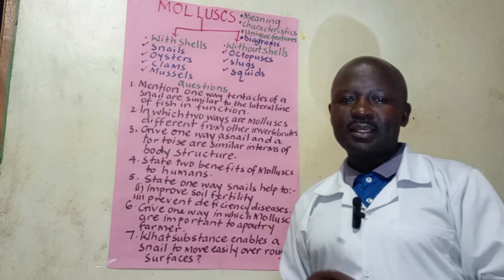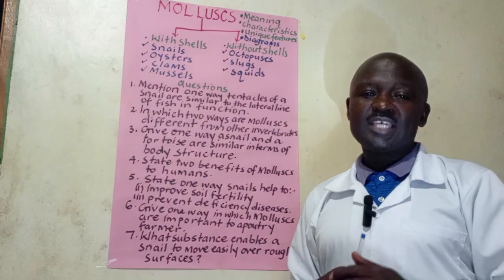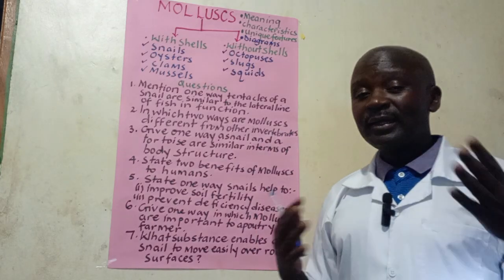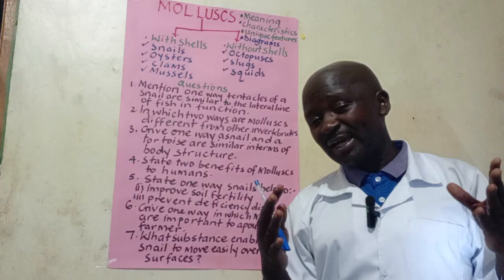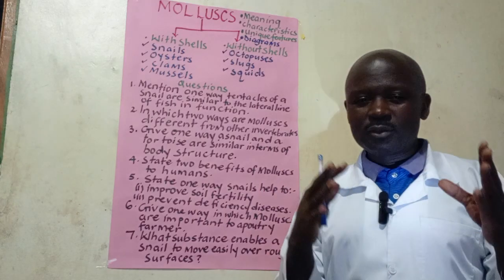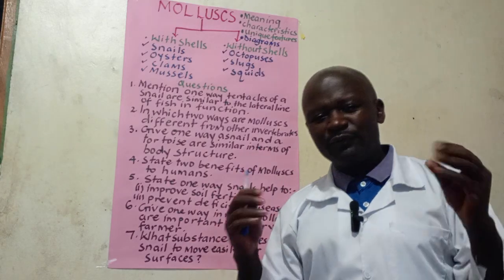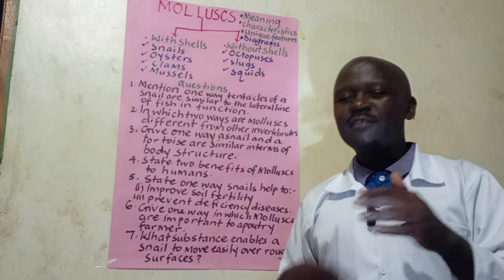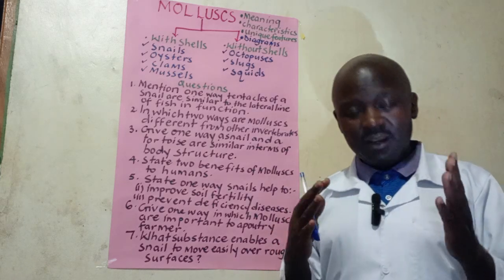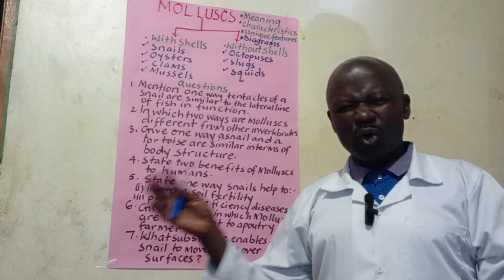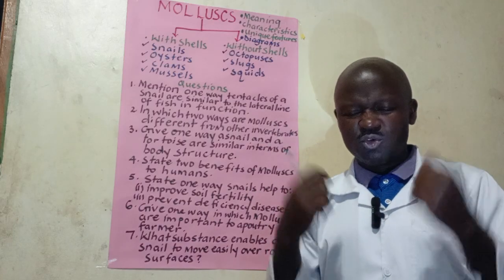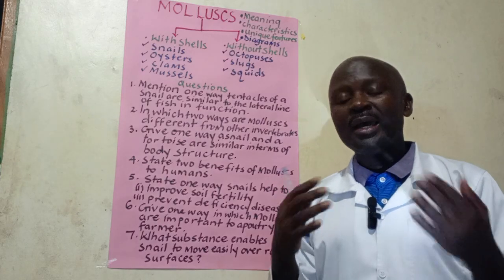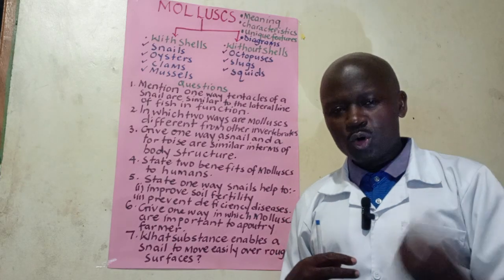So without wasting time, let's quickly jump into these questions. We go through them, then we see some of the answers. If possible, we are going to look at the answers of some very few questions. Then the rest of the questions, I will wait for you in the comment section. Dear viewers, I normally do that so that I can engage you, rather than giving you everything and you just consume.